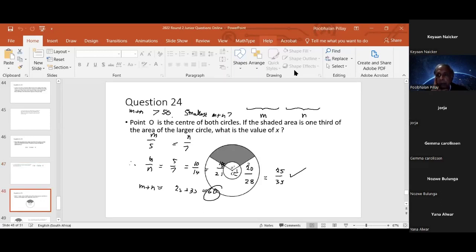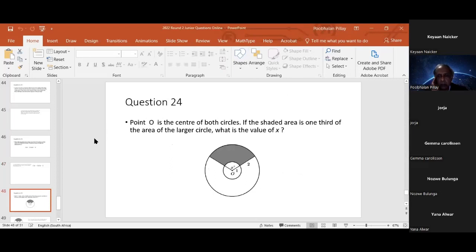So we go on to problem number 24. Okay, point O is at the center of both circles. The shaded area, this part here, is 1/3 the area of the larger circle, or the largest one. Two circles, right?